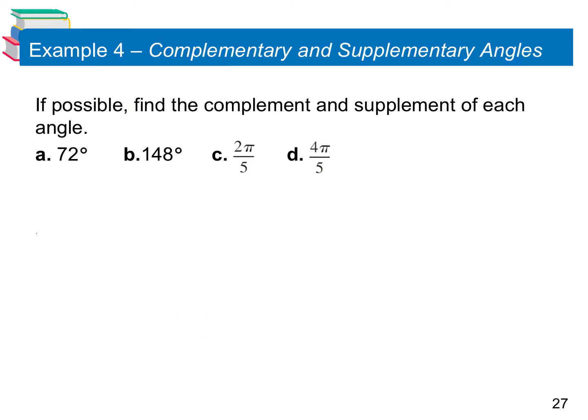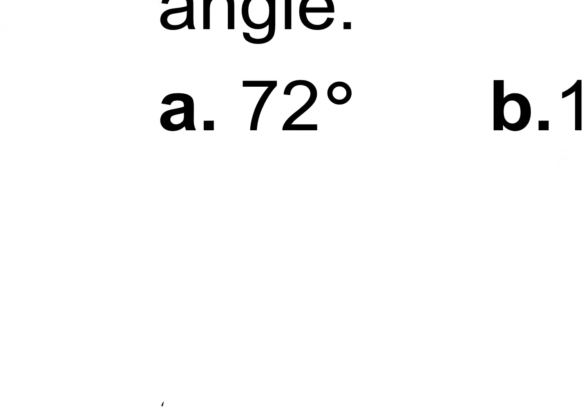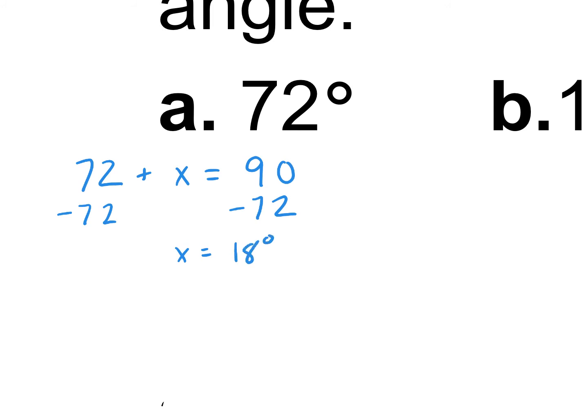So in example 4, if possible, find the complement and supplement of each angle. If I had 72 degrees, I know that 72 plus an angle x is equal to 90. So just subtract 72 on both sides. So x is equal to 18 degrees.